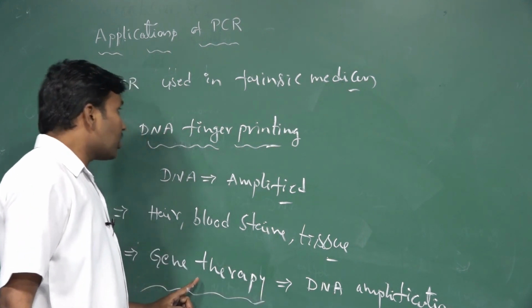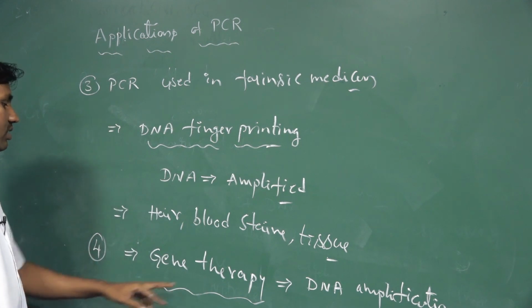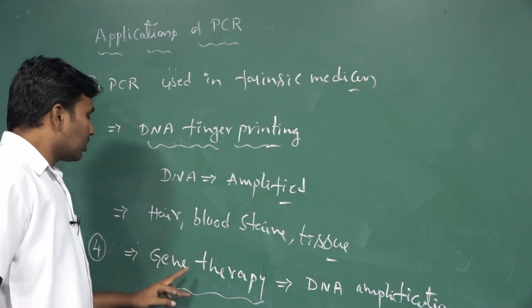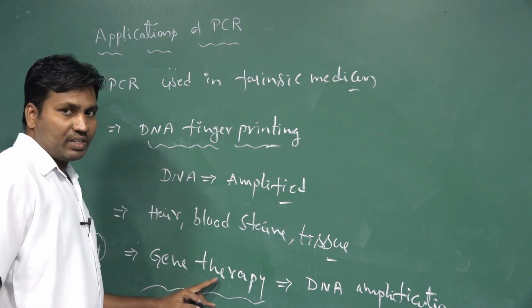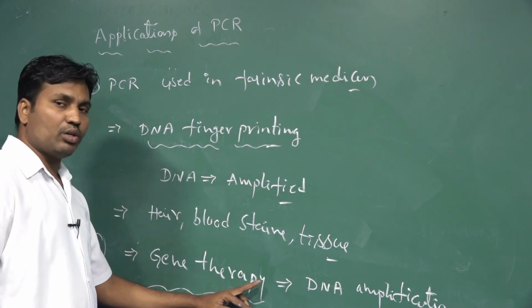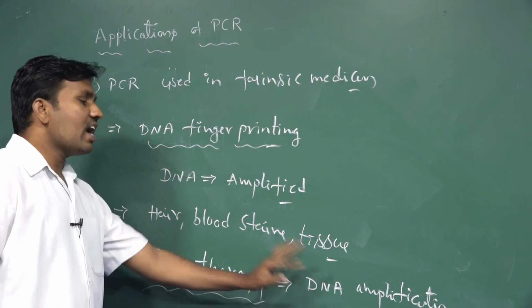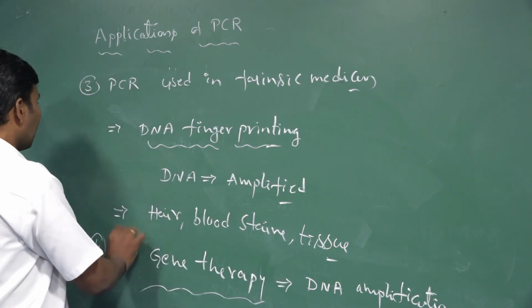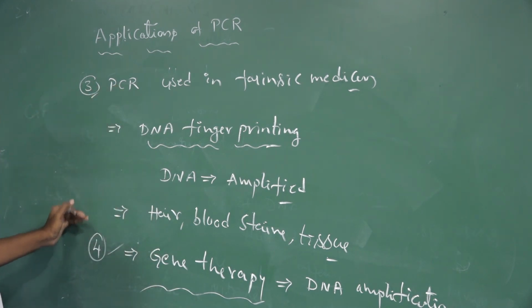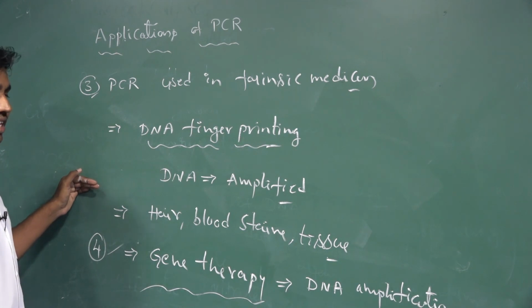There also we use PCR. The specific gene to be used in gene therapy, that particular DNA molecule or sample, is amplified. So like this, PCR can be used in a number of applications. These are the applications of PCR.